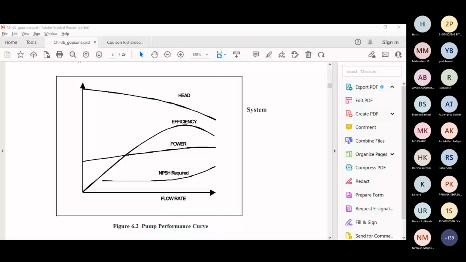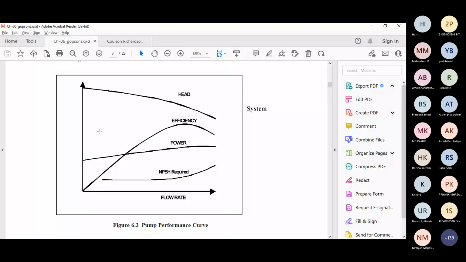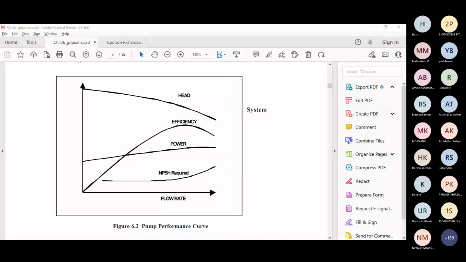But the nature of the curve will be somewhere different. यहाँ पे जो आपको दिख रहा है, suppose it is going up and going down, उसमें थोड़ा डिफरेंट आएगा. So basically the fundamentals are the same even for the reciprocating pump, PD pump, positive displacement pump. After a certain point your efficiency will reduce.